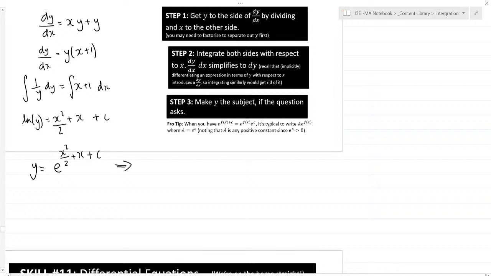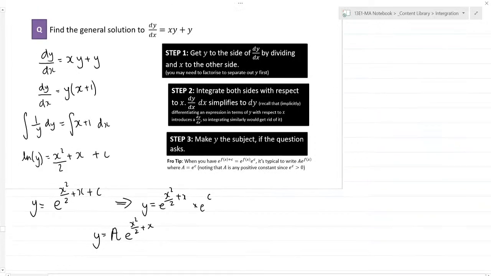So this is the same as saying y is equal to e to the x squared over 2 plus x times by e to the c. But e is a constant, isn't it? We know that e is a constant, so we know that e to the c is also a constant. So the way that we write this is y is equal to some constant a times by e to the x squared over 2 plus x.